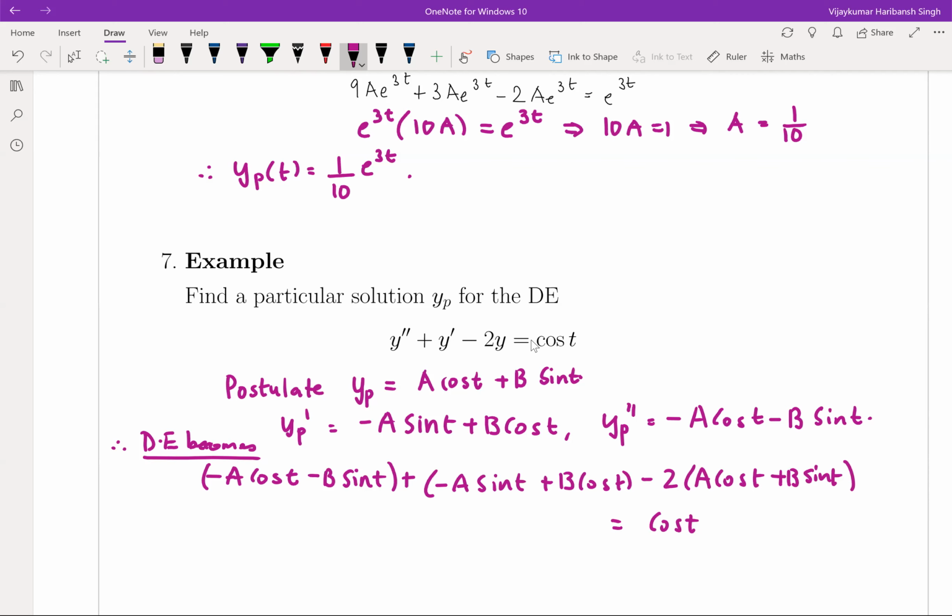So now we need to equate the coefficients. What is the coefficient of cos t? The cos t terms are here, here, and here. So let's add this up.